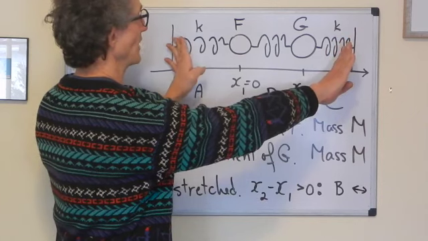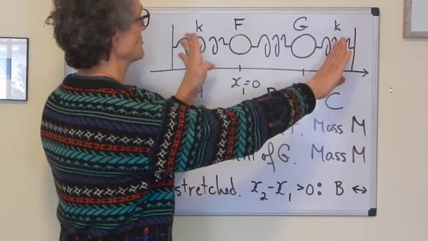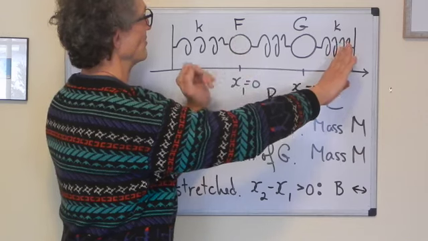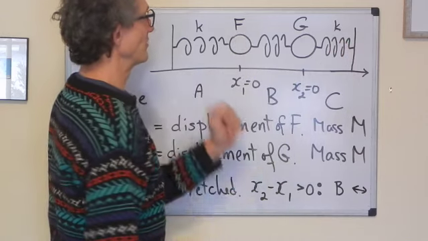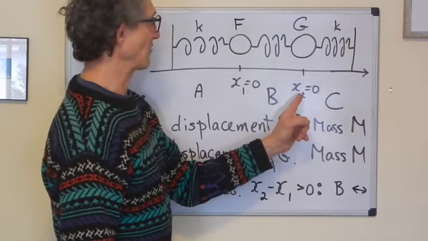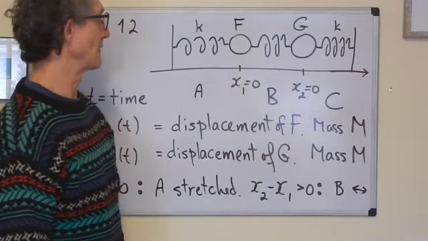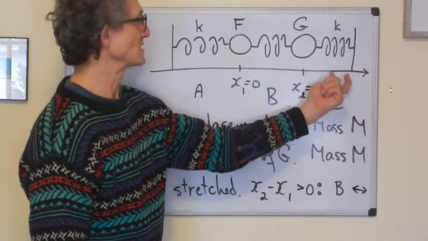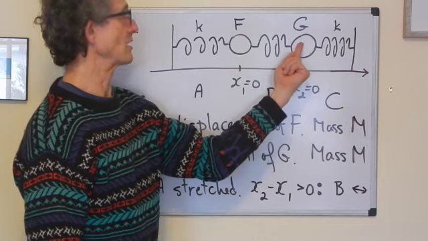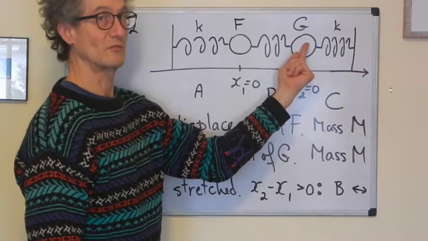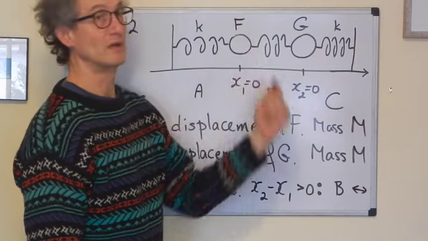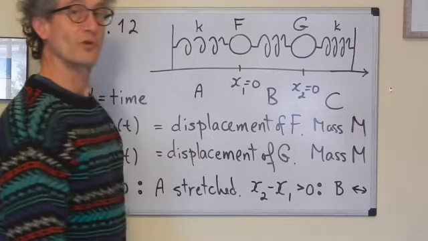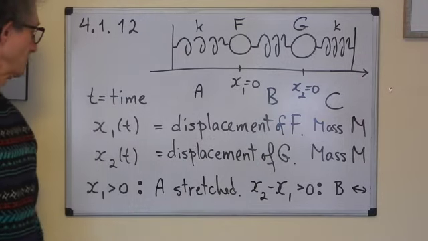The spring will want to come back, so the spring will pull F to the right and G to the left. And finally, if x2 is bigger than 0, then that means that C is compressed, which means that the force on the mass that we're calling G will be to the left. So let's put all those forces together.